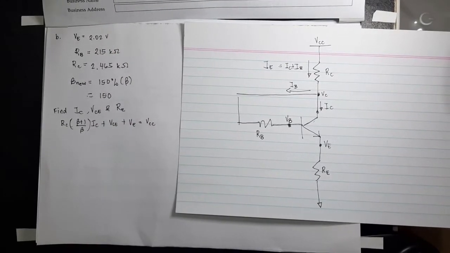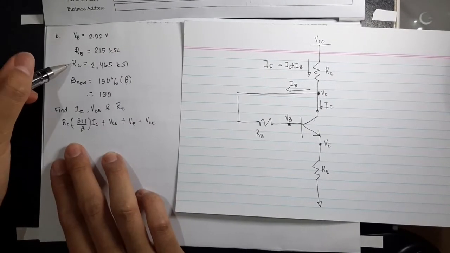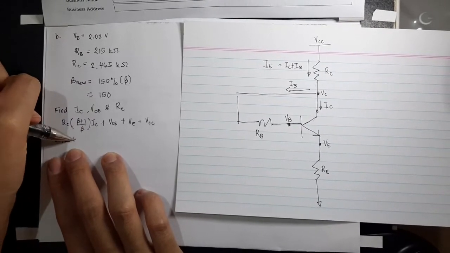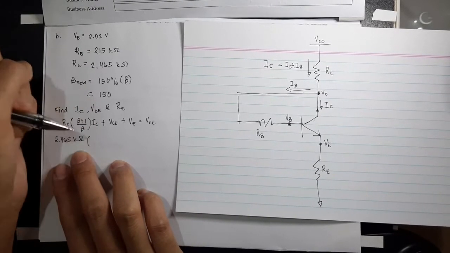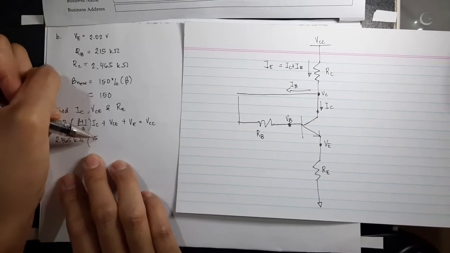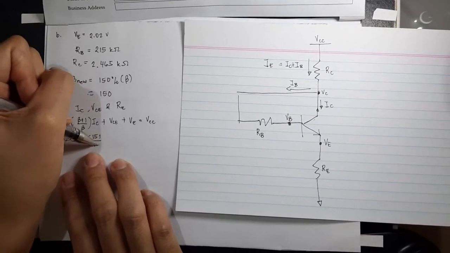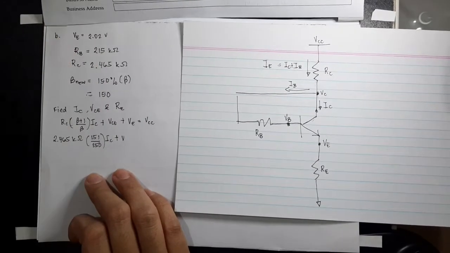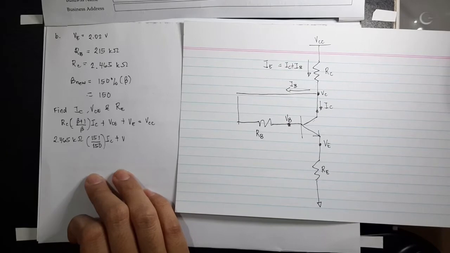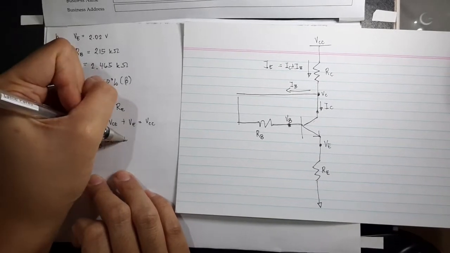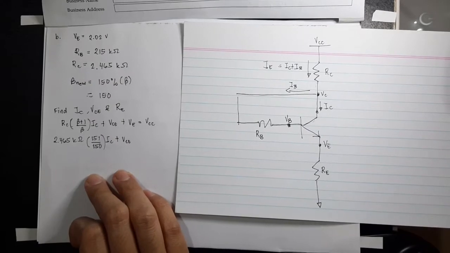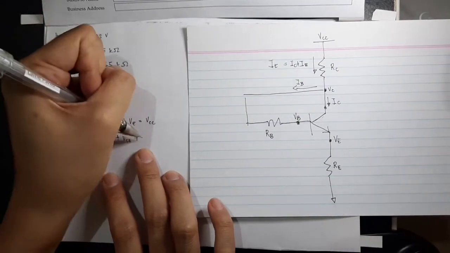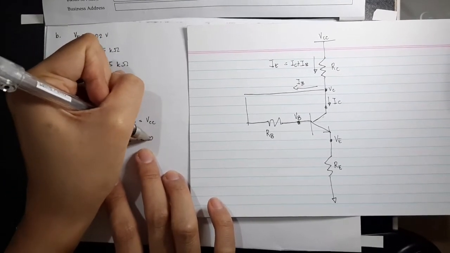So, substituting values, we have our RC from the previous item, 2.465 kilo ohms, times the new value of beta, 150 plus 1 over 150, times IC, plus VCE, which is unknown, plus VE. VE is 2.02 volts.